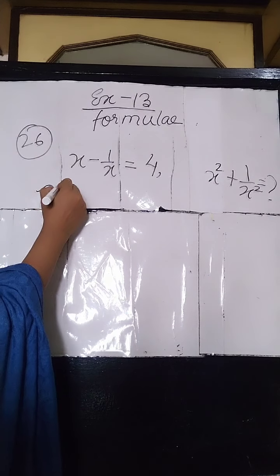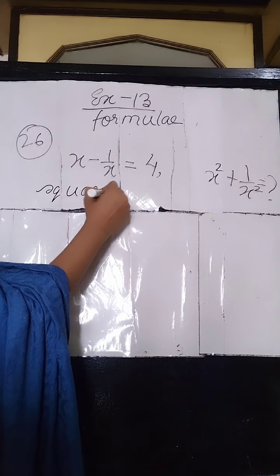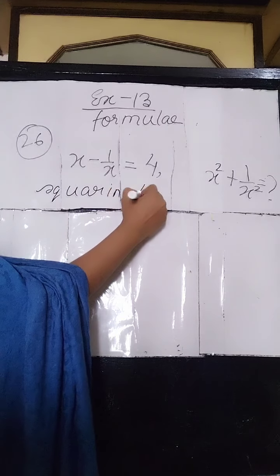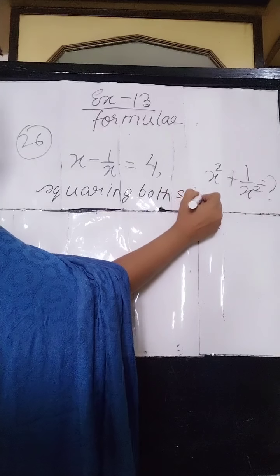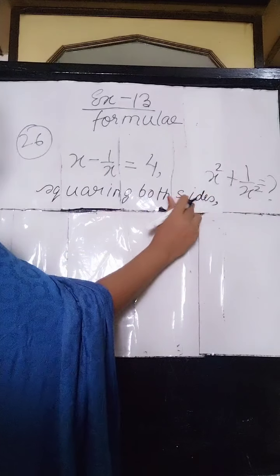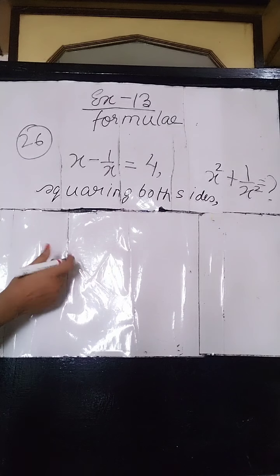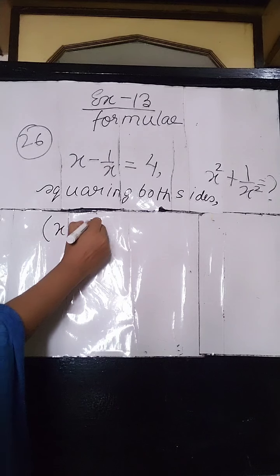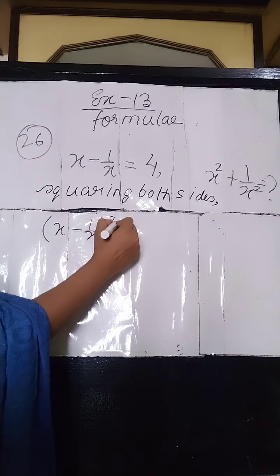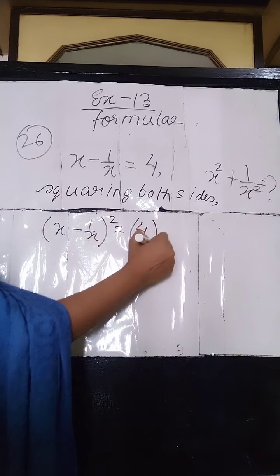Simply you will do the same thing, that is squaring both sides. Squaring both sides, what do we get? We get x minus 1 by x whole square is equal to 4 whole square.